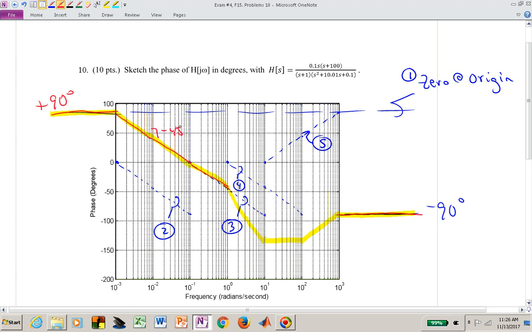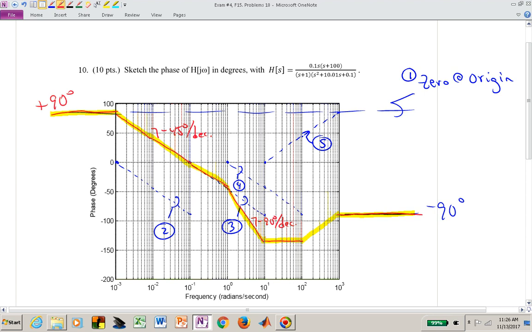So here's minus 45 degrees per decade until I reach 1, and then I'm doubling my slope. Now I'm going down at minus 90 degrees per decade between 10 and 100. The only two factors that are still contributing phase are that pole at 10 and that 0 at 100.